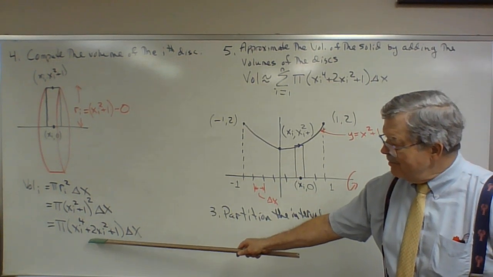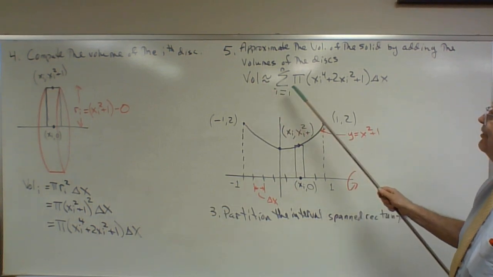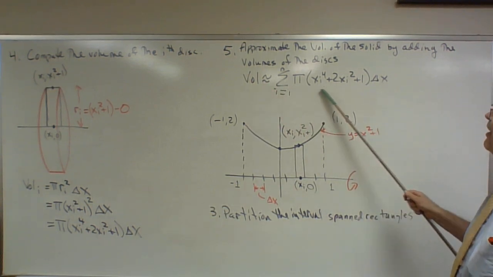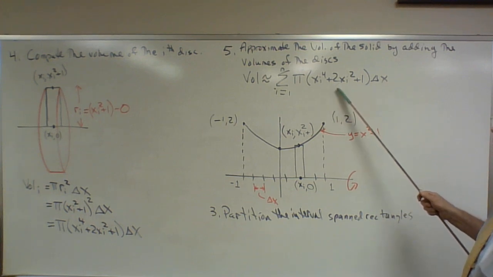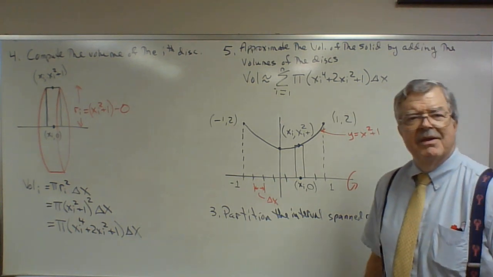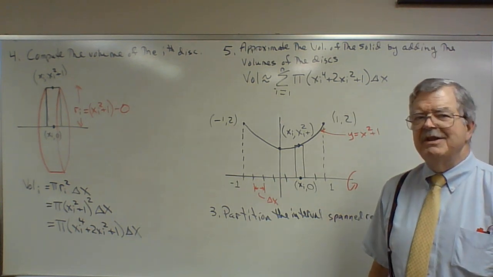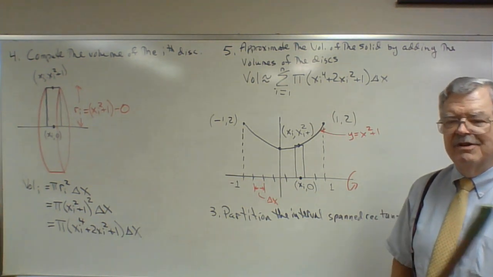This is the volume of the ith disk. The total volume is equal to the sum of the volumes of the disks. So this is approximately the volume of the solid of revolution. There's only one thing we need to do now. Let delta x go to 0.